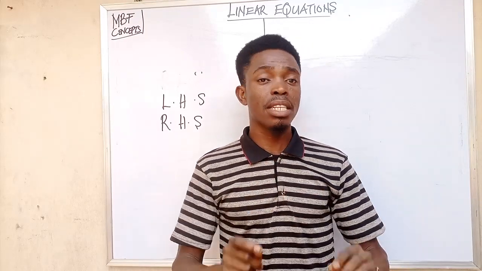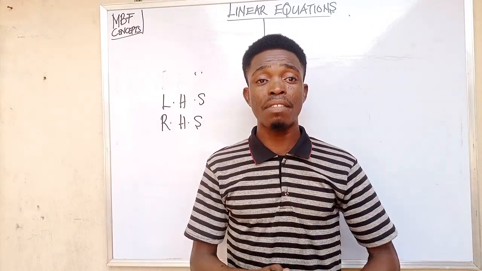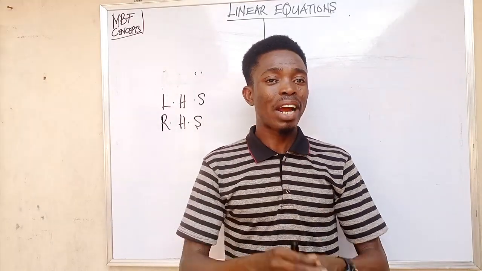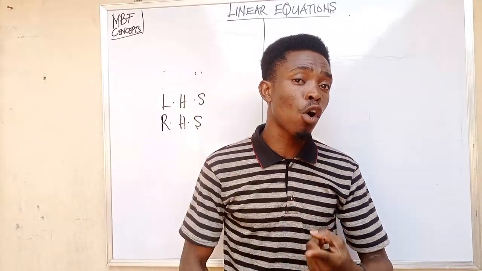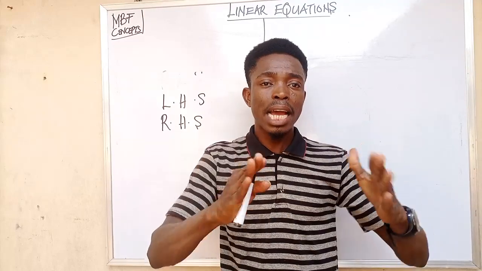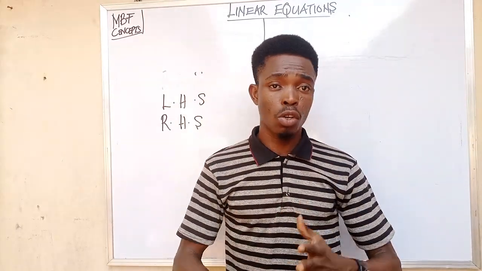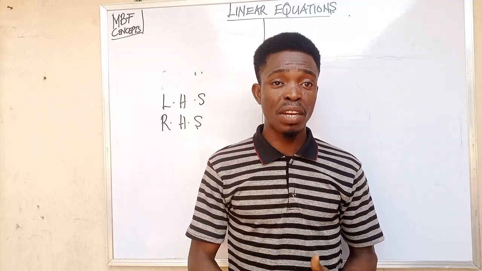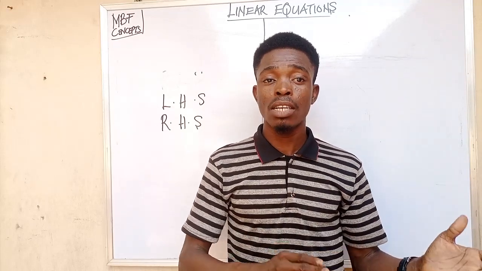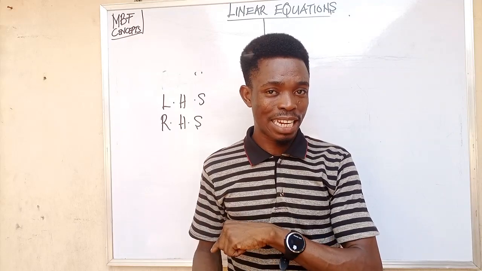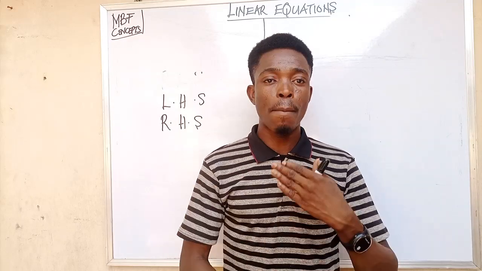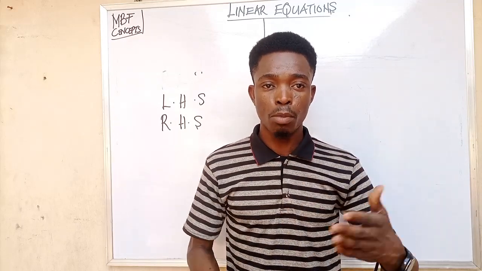You are going to see this in the description, and we are going to have this popped up on the screen. But get it clear, there are four basic rules to solving linear equations effectively. One is the variable must occupy the left hand side while the integers occupy the right hand side. Then rule number two says anytime a positive sign crosses the sign of equality, it must change to negative sign.